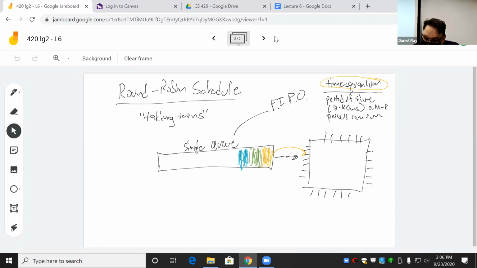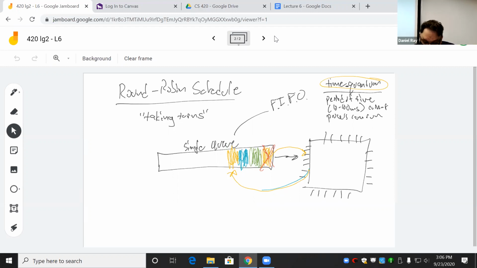Okay, but when a process runs out of its time quanta, it gets kicked off the processor, and it gets added back to the end to wait its turn again. Right, so this one's already been served. To wait its turn again for its chance to get back onto the processor.